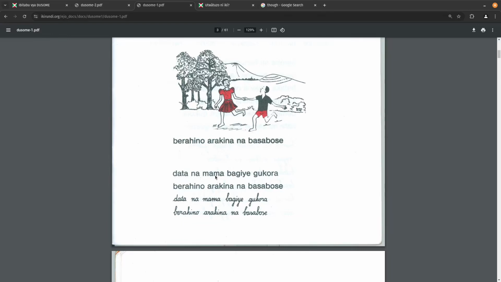Data na mama. And you can read with me if you want to check if you're understanding how to pronounce or read Ikirundi. Data na mama bagiye gukora. Mom and dad went to work.